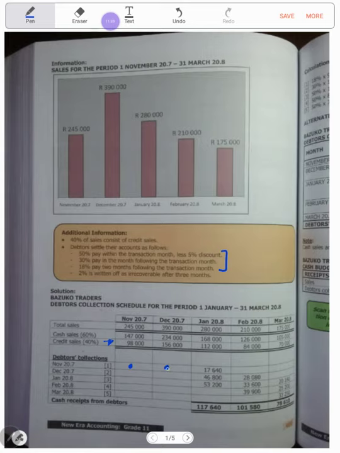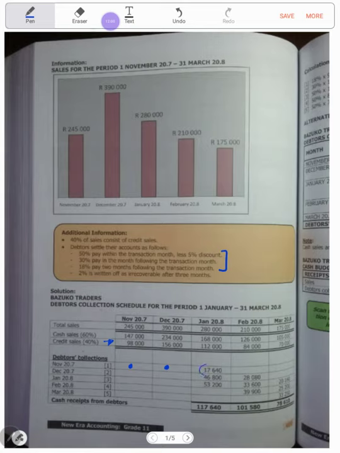All right, so please note the transaction month was November. We sold on credit worth 98,000. 50% pay in the same month. 30% pays 1 month later, which leaves us with 18% who pay 2 months later.